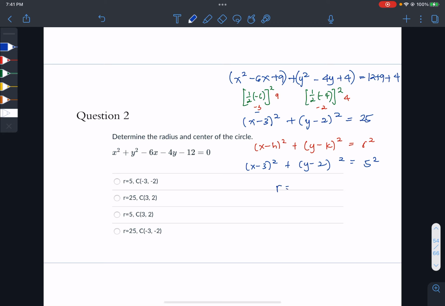Therefore, ang r natin is 5. And then ang center natin, take the opposite. So 3 would be positive 3, y would be positive 2. So ang sagot natin is 5, and the center is 3 and 2. So that's how we get the radius and the center of the circle. We just need to transform it in the standard form using completing the square.